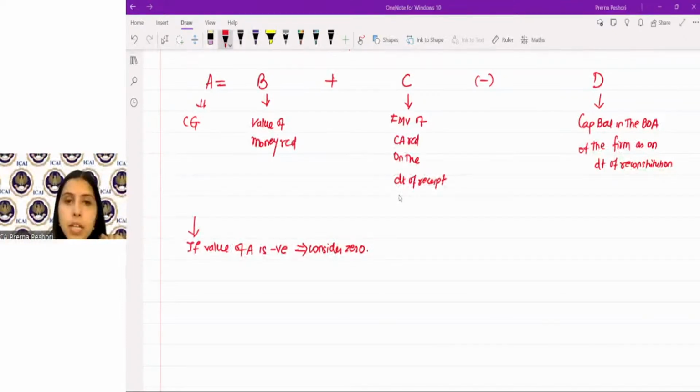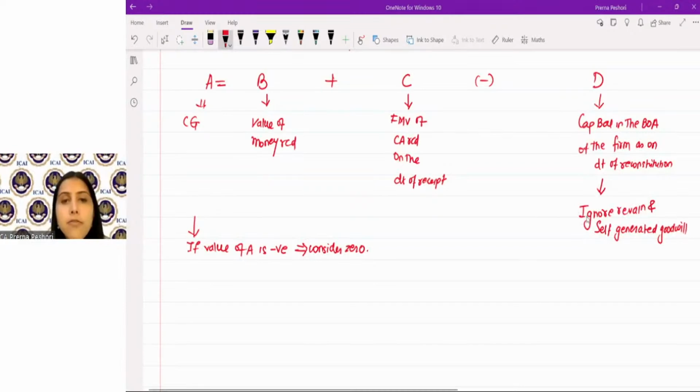It will be deemed to be 0. And for the purposes of the capital balance, ignore revaluation and self-generated goodwill or any other self-generated asset.